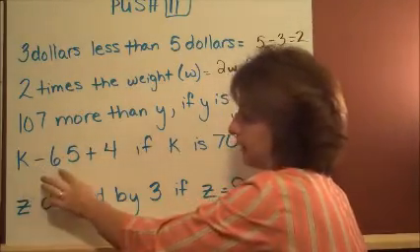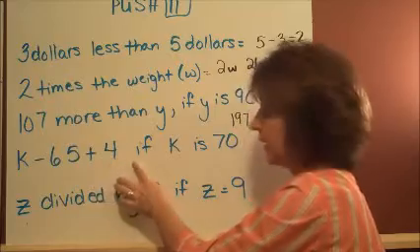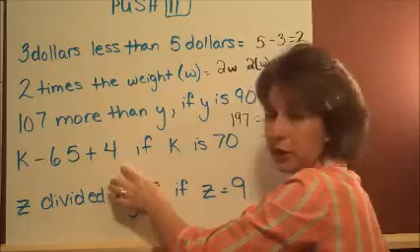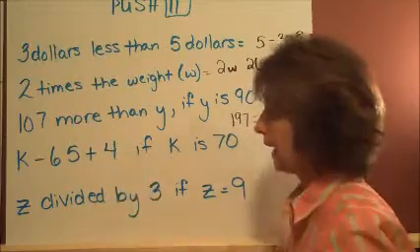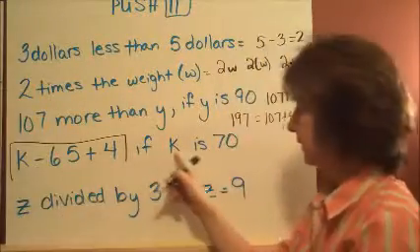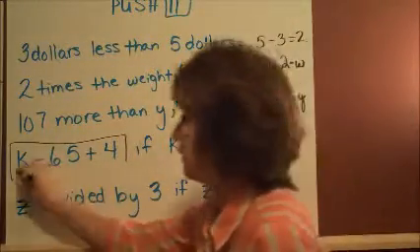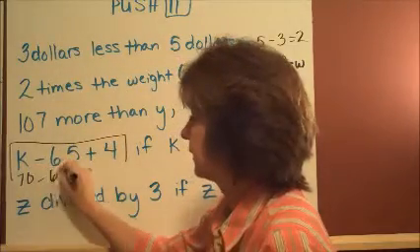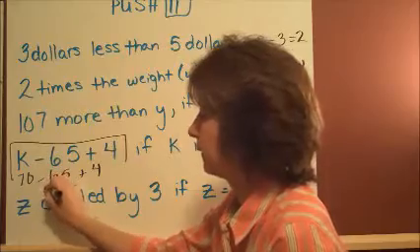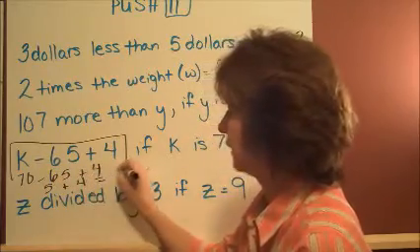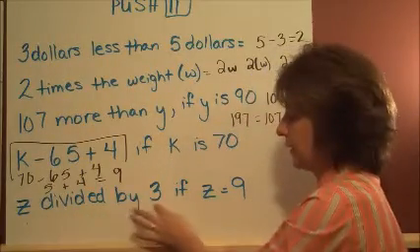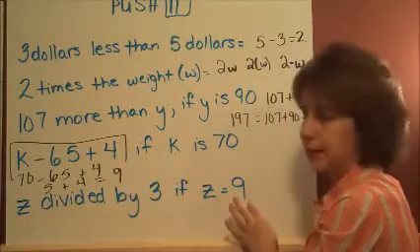K minus 65 plus 4 if k is 70. Well, I have my expression already written, and this is what I'm solving, so I'm going to take out k and put in 70. 70 minus 65 plus 4. 70 minus 65 is 5, plus 4 is 9. z divided by 3 if z is 9.